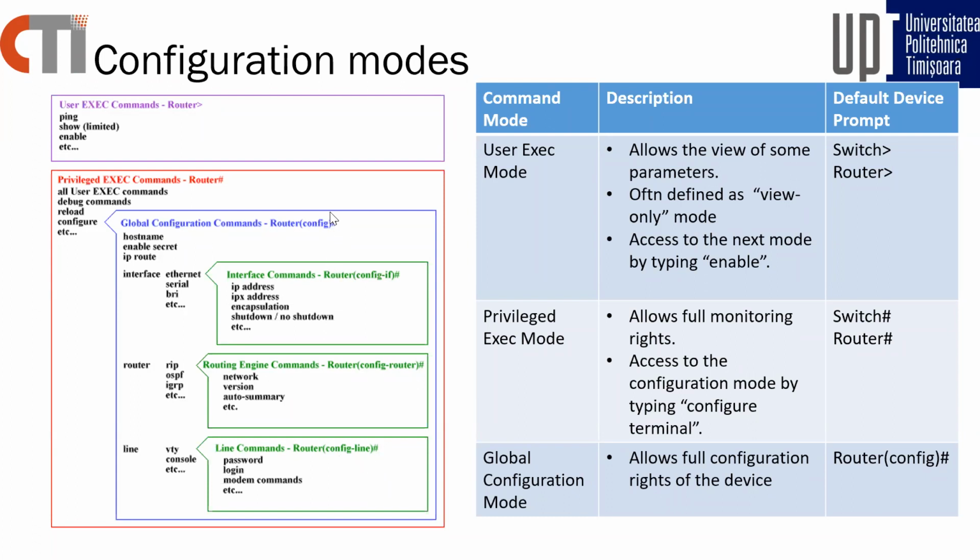So this means that it's a graphical pointer to where exactly you are in the configuration environment. So whether you're in the global configuration mode, or specific configuration modes for interfaces or routers and so on, or routing parameters.